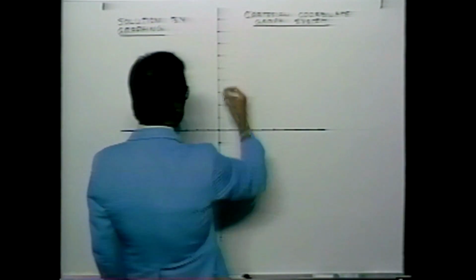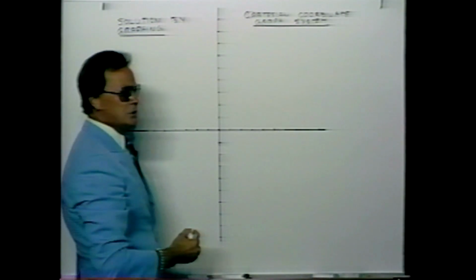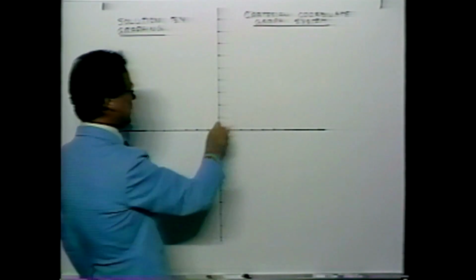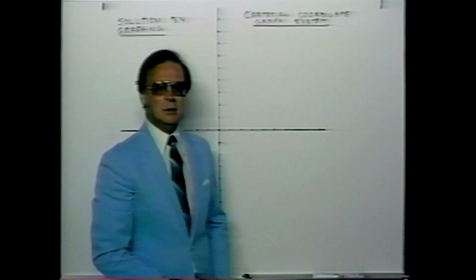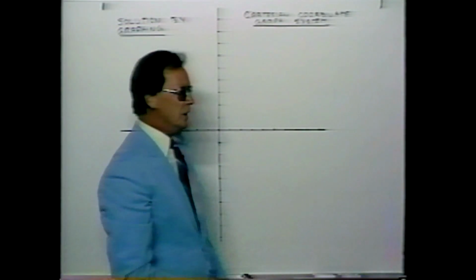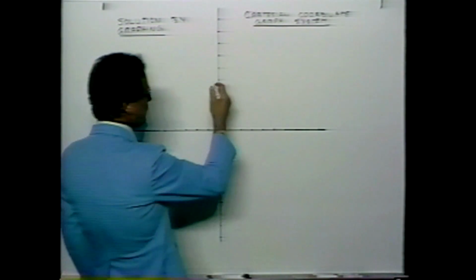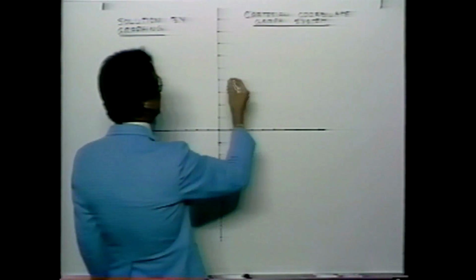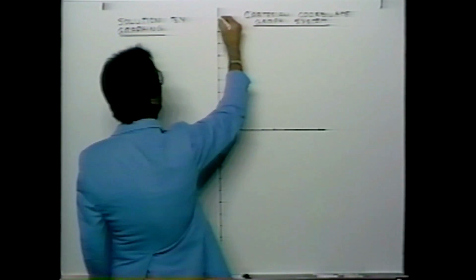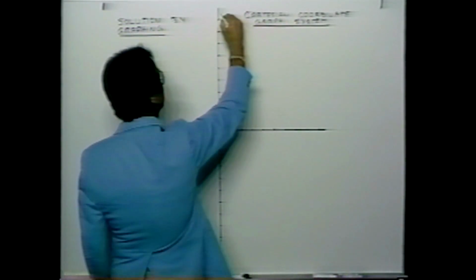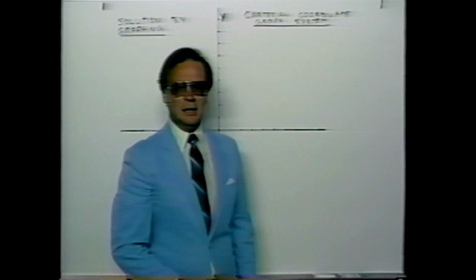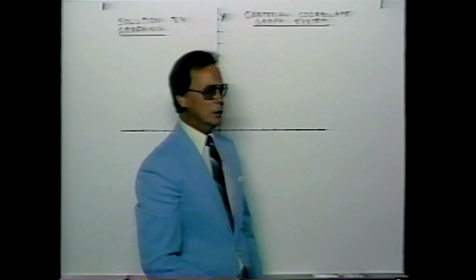The graph consists of two lines as reference lines, one drawn vertically and one drawn horizontally, at right angles to each other. The vertical line is referred to as the vertical axis or the y-axis. And so we'll use a capital letter Y to indicate the name of that vertical line.